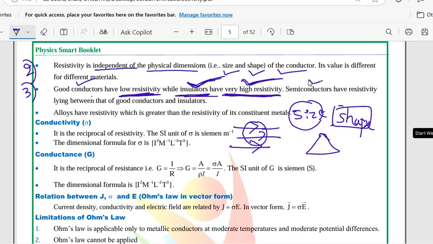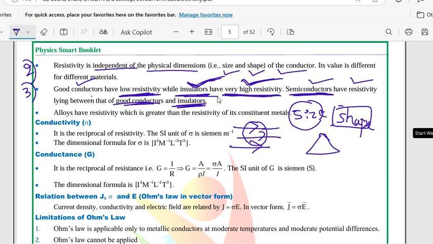Now coming to the semiconductors, whose resistivity lies between that of good conductors and insulators. I mean 50-50. It may conduct or it may not conduct. The property of a semiconductor will always lie between good conductors as well as insulators.